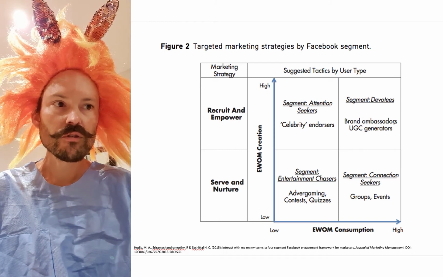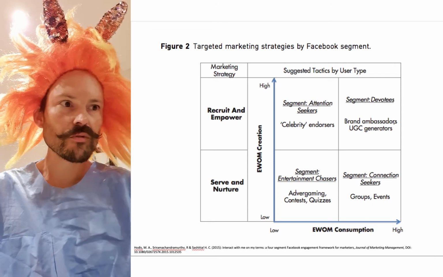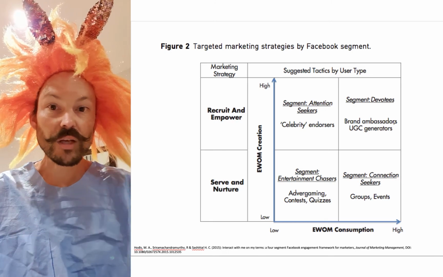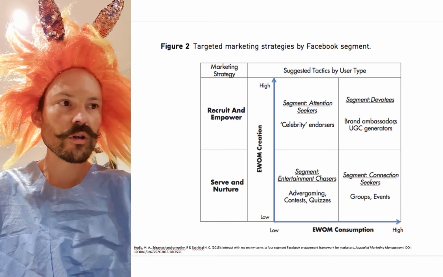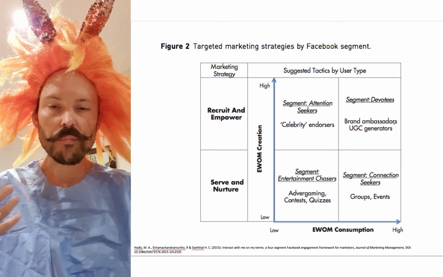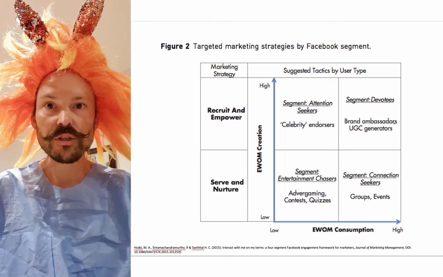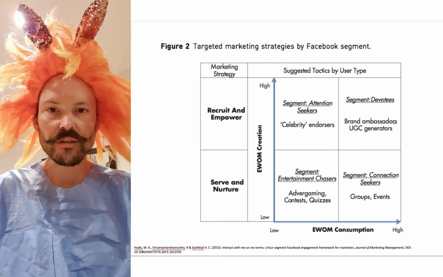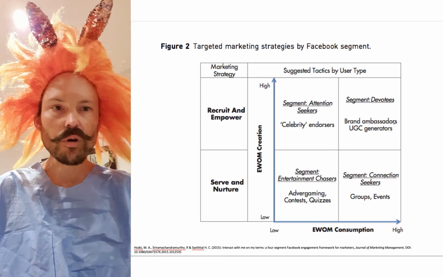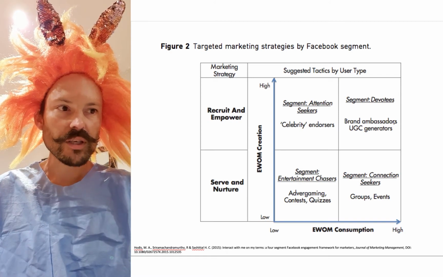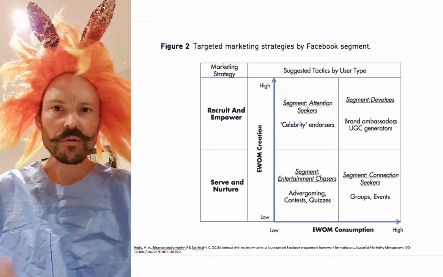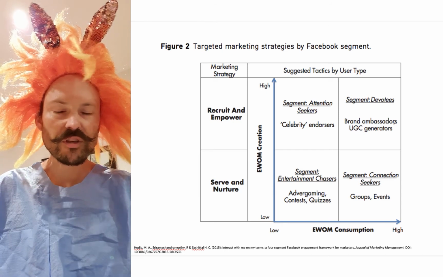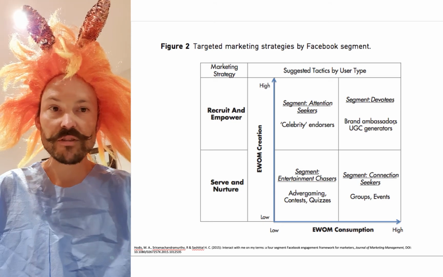So as I suggested before as well, the attention seekers are the celebrity endorser, while the devotees more are the brand ambassadors that you may want to recruit as an influencer in an influencer marketing strategy. While the entertainment chasers is more about producing games, quizzes, but I would say if you combine this a little bit with the Heinonen framework, it's not just necessarily entertainment, it could also be information.